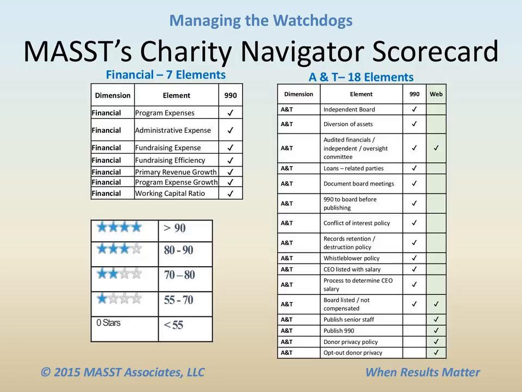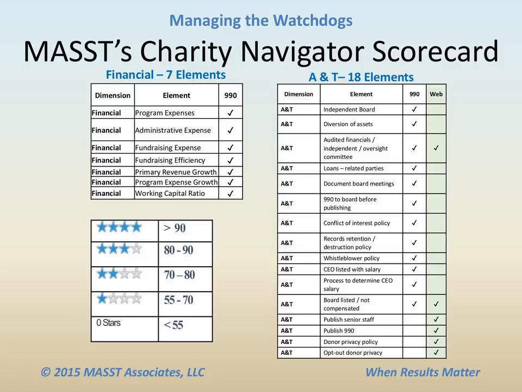So in addition to reviewing your website, it's also important to look at the 990, compare that to the particular elements that Charity Navigator utilizes, and make sure that through some oversight, some small piece of information wasn't omitted that might actually cost you in terms of a rating if you are rated by them, or in the eyes of a donor who may be savvy and looking for particular information.